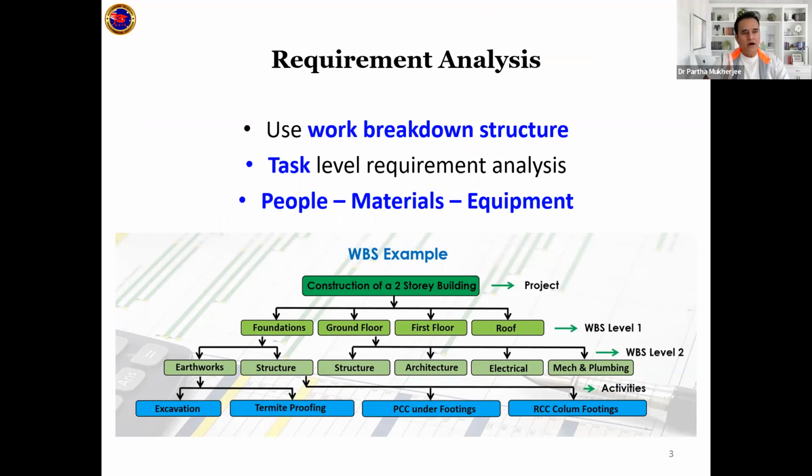Now, we have already learned during our cost and time that we estimate the cost or time based on the work breakdown structure. The same work breakdown structure will also help you create the analysis of what you need to procure.